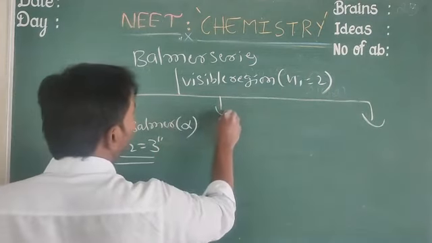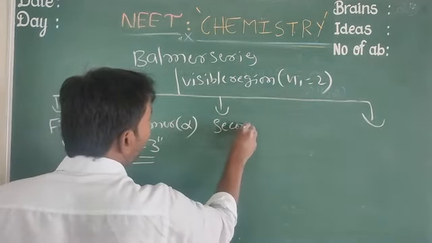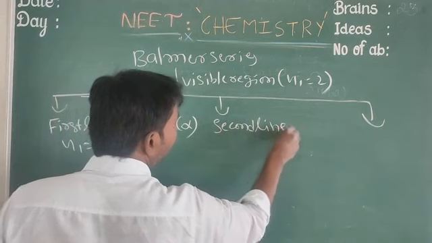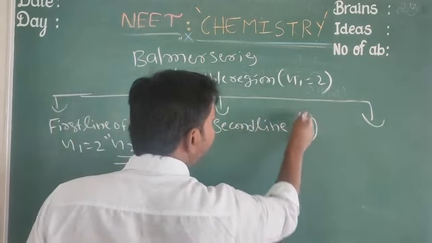Next, the second line of the Balmer series is called beta.